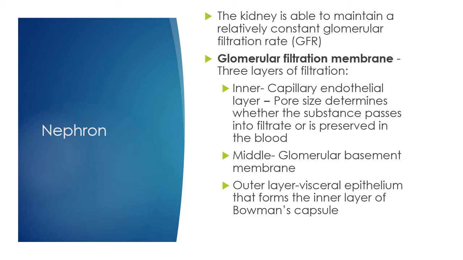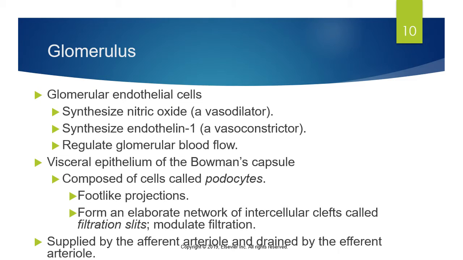And the kidney is able to auto-regulate. We call this renal autoregulation. So this is because of the hormonally mediated adjustments in the afferent and efferent arterioles. The glomerulus is supplied by the afferent arteriole and drained by the efferent arteriole. And regulation of renal function, as I said, is hormonally mediated through changes in the resistance of the afferent and efferent arterioles.